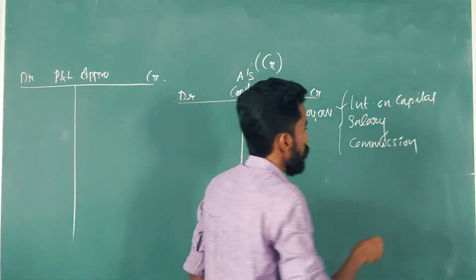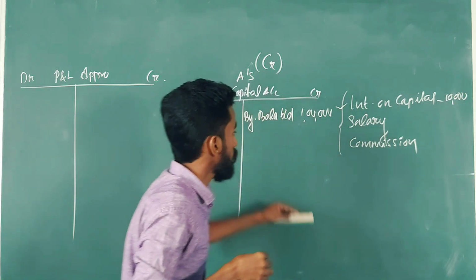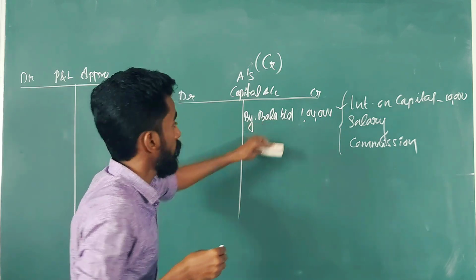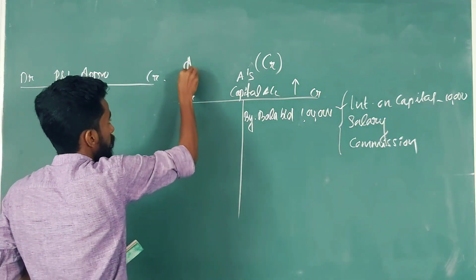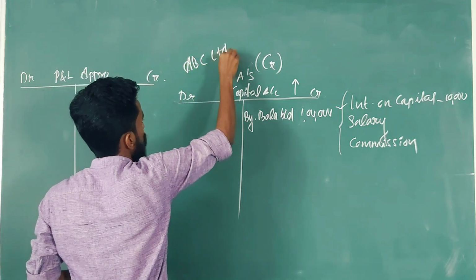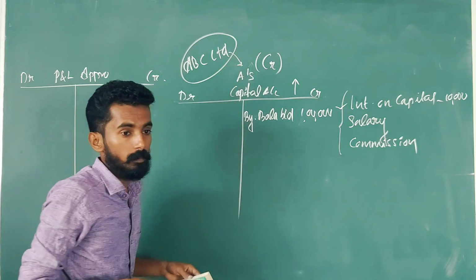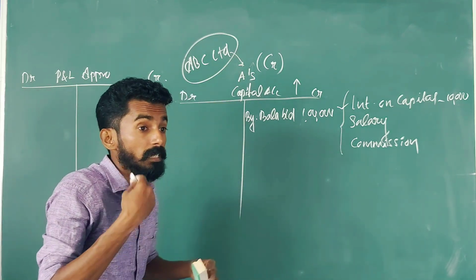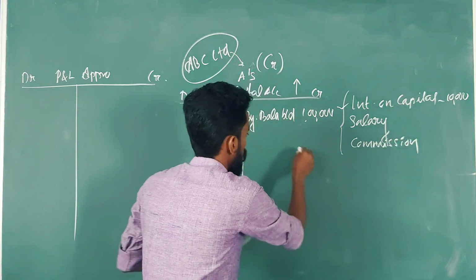If A is going to get 10,000 rupees as interest on capital, his partner's capital account balance is going to increase or decrease? Capital account balance is going to increase, because ABC Limited is going to provide interest on capital to A. What is the interest on capital? 10,000. Post it.